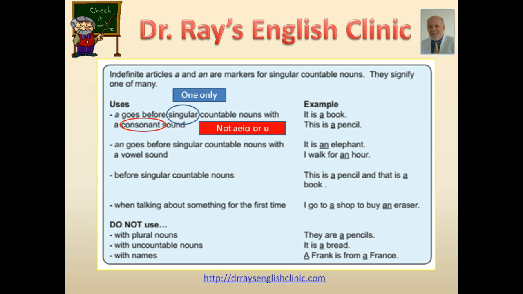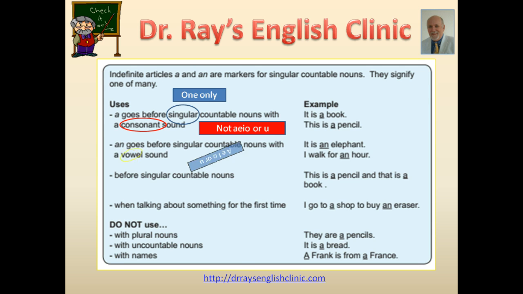This is a pencil. The next part we see is an, a-n, goes before a singular, we know what that means now, countable nouns, we'll talk about that in a moment, with a vowel sound.